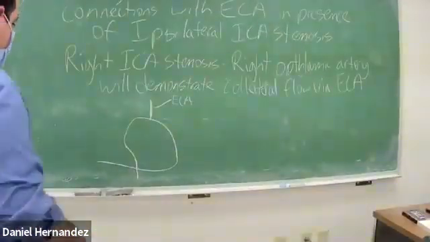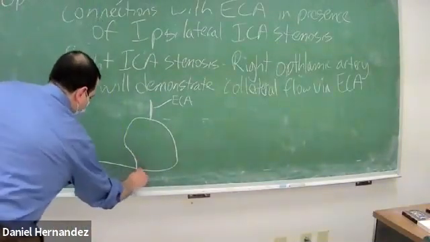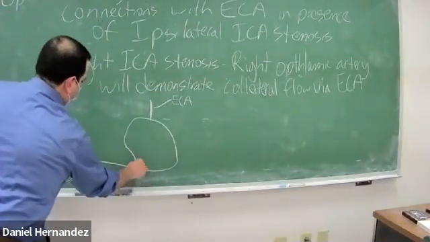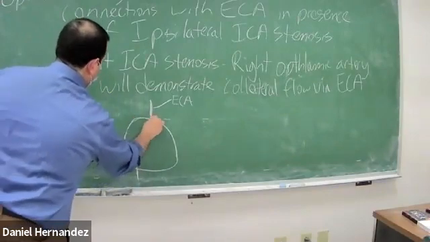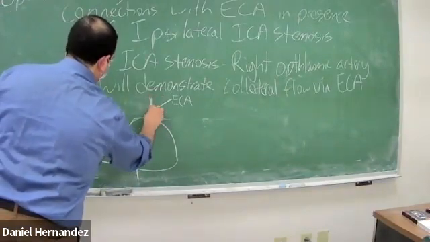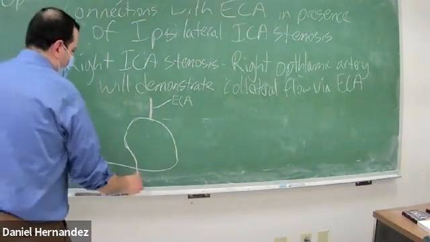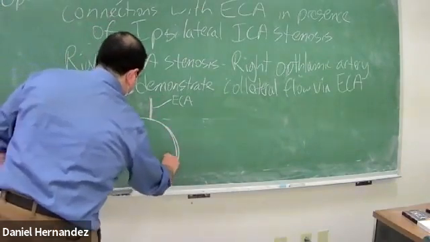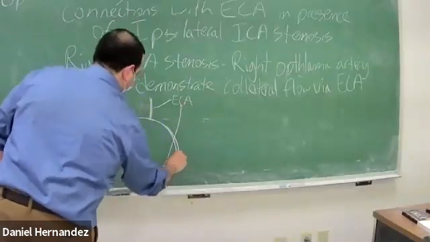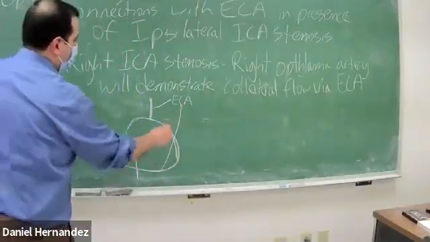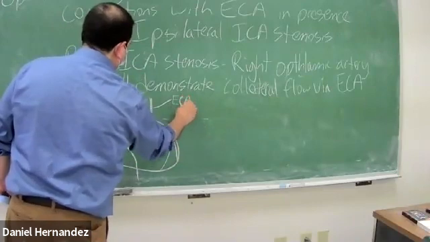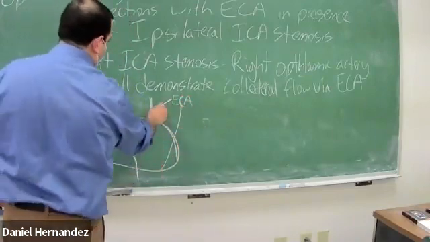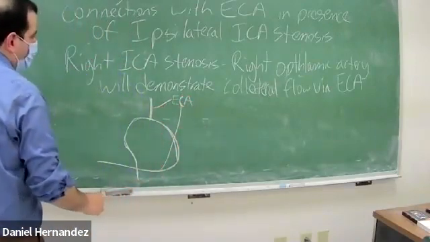So I kind of drew a little circle of Willis. Our ICA comes up and comes around, and we have our ophthalmic artery branching off. Then the ICA loops around and becomes the middle cerebral artery, and our anterior cerebral artery goes up. The ECA has connections through its branches with the ophthalmic artery.